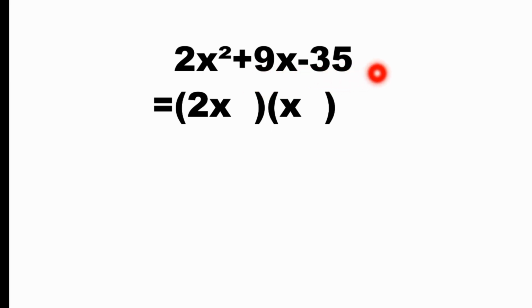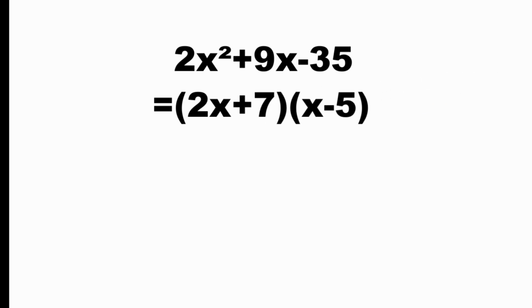So we will try using the factors of negative 35 as 7 times negative 5. We put it this way: positive 7 here and negative 5 here.